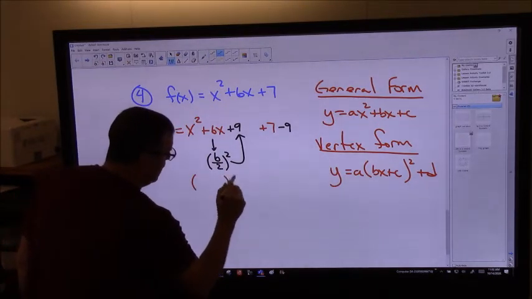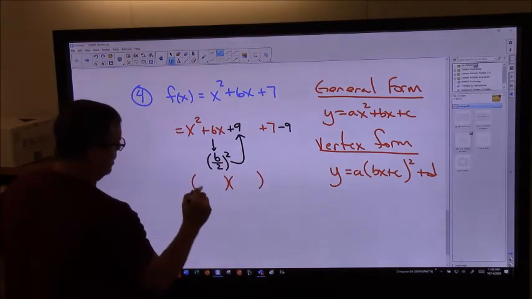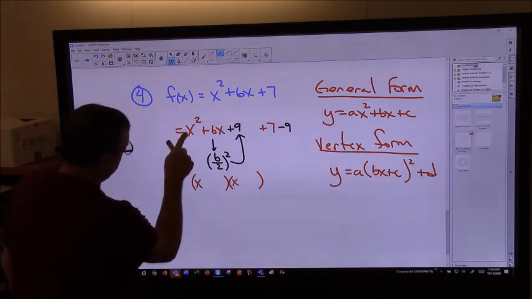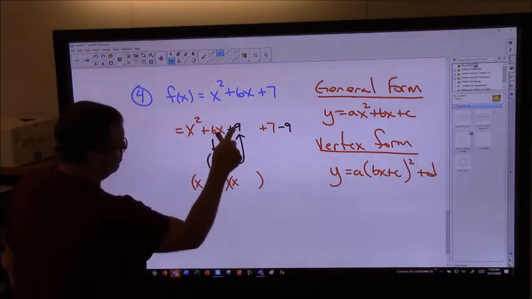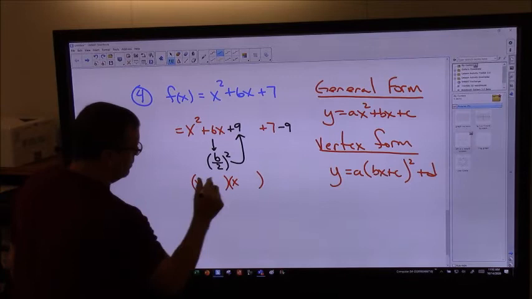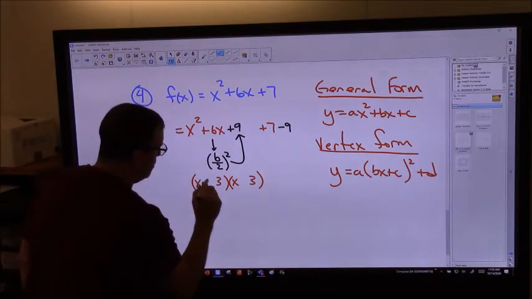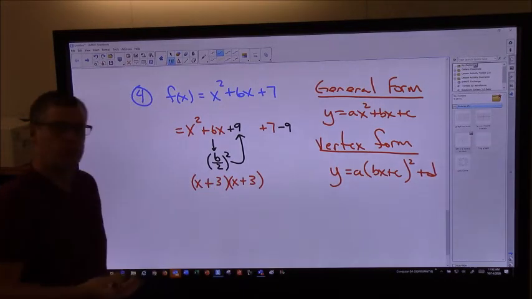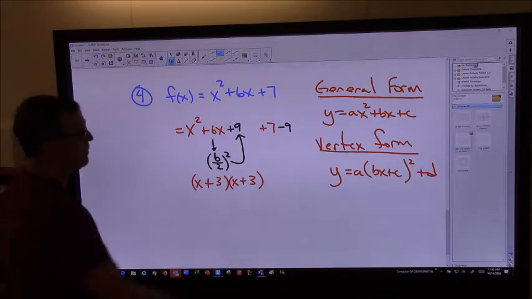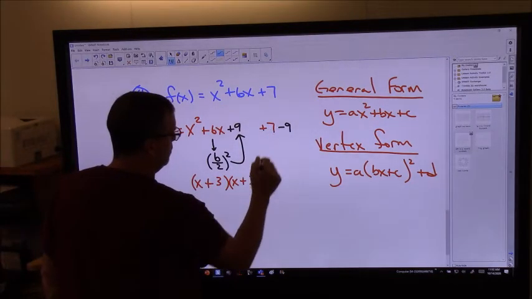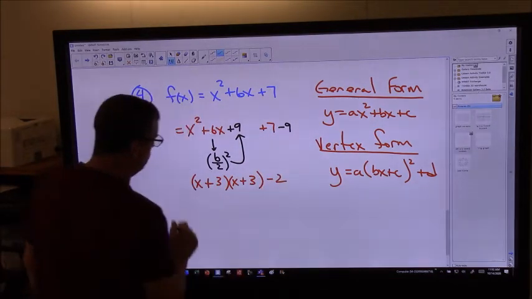So I'm going to factor this so that I get x times x. What two numbers do you multiply to get 9 and add to get 6? Got to be 3 and 3. And that makes sense because I want those to both be the same. Out here I got 7 minus 9, that's -2.